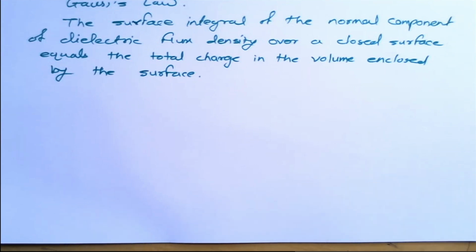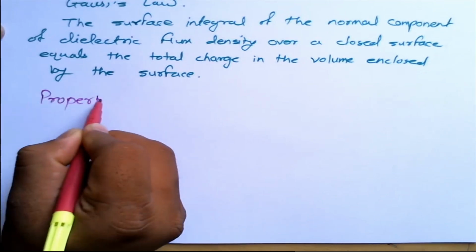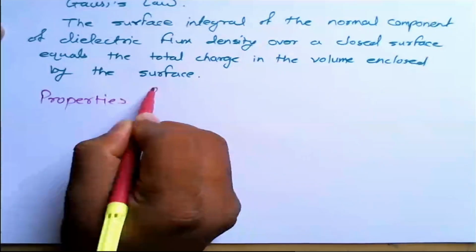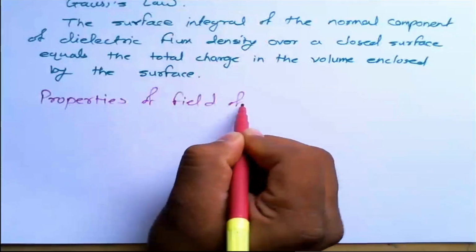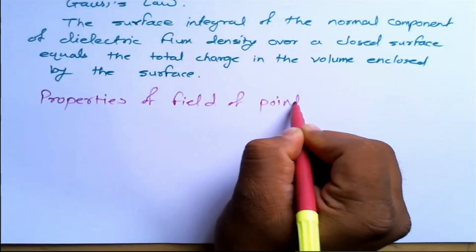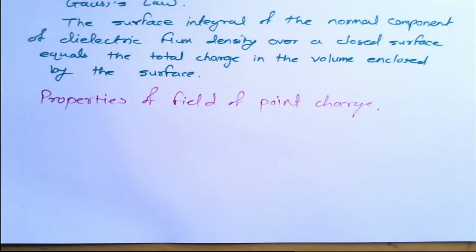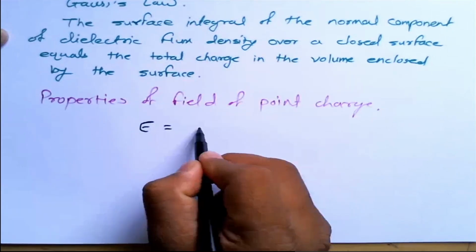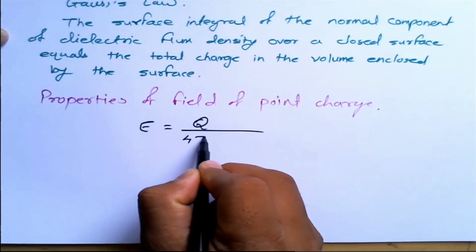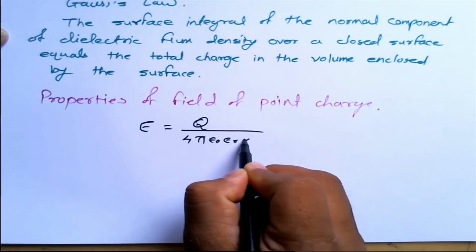So let us see the properties of field of point charge. What is the equation of field of point charge? E is equal to Q upon 4 pi epsilon 0 epsilon r into r square.